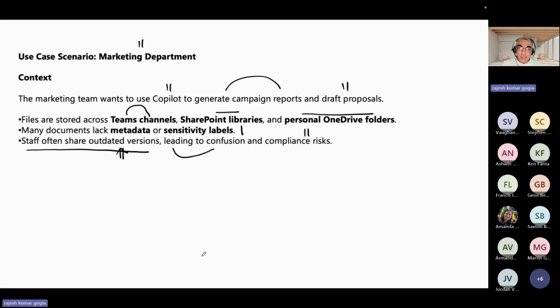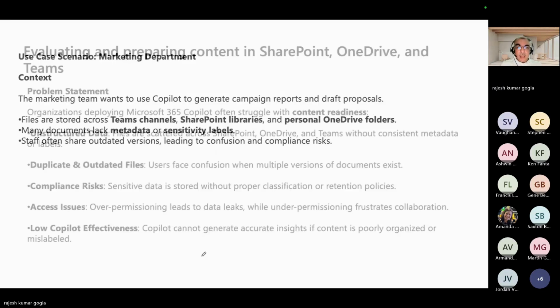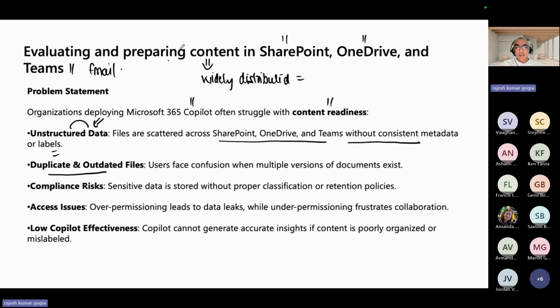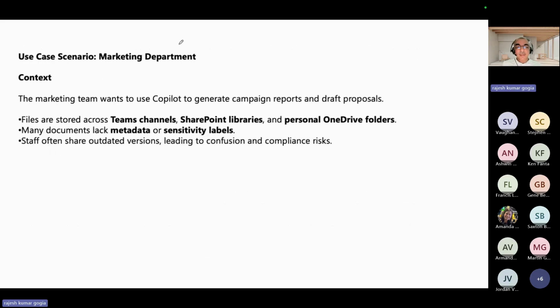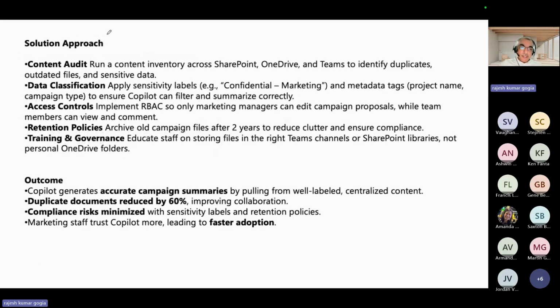Now, if that is the situation, that means my content is not ready. I was talking about evaluating and preparing the content, but my content is not ready because of these challenges. So how are you going to make it ready? Definitely the solution approach says, okay, let's audit. Why? Because you have to run a content inventory assessment. Why? Because you have to identify the duplicates, identify the outdated files, and figure out which data is sensitive.